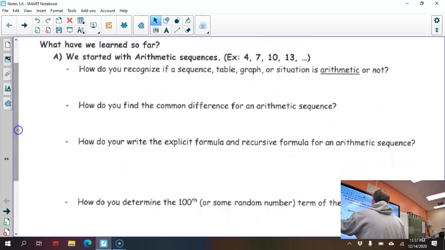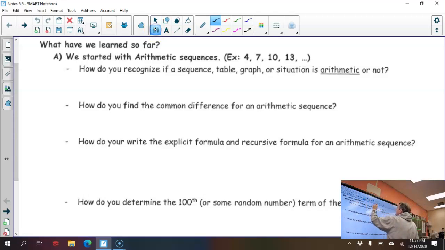So we're going to review some things we've learned. We started with arithmetic sequences. Here's an example of an arithmetic sequence, right? And the first question is, how do you recognize if a sequence, a table, a graph, or a situation is arithmetic or not?